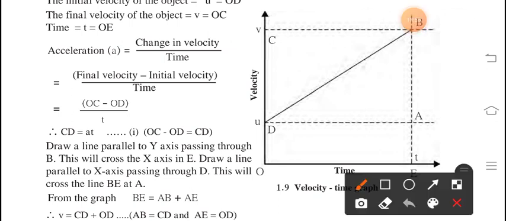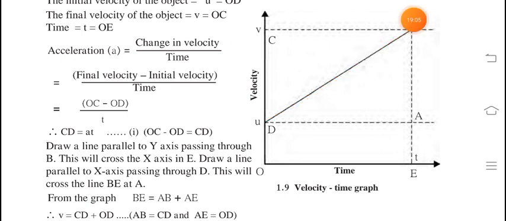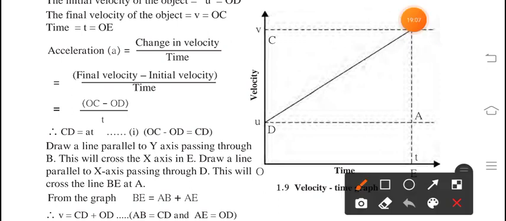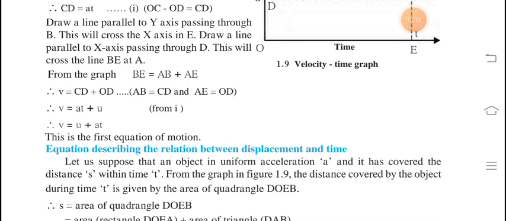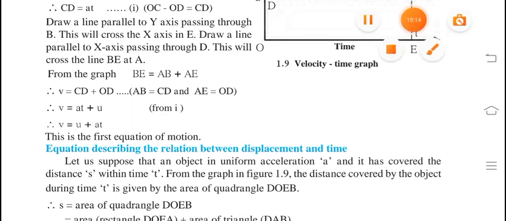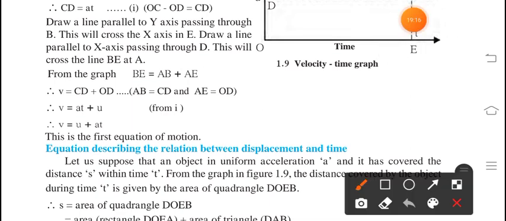When the velocity is changing with respect to time, we are getting what? Acceleration. And this acceleration, we have taken as a relation of acceleration, the distance s and time t.